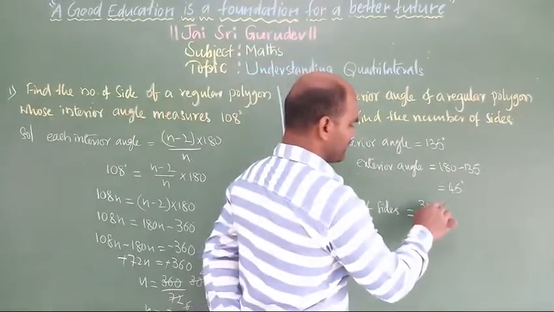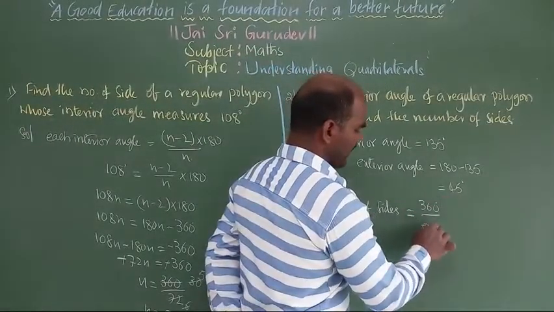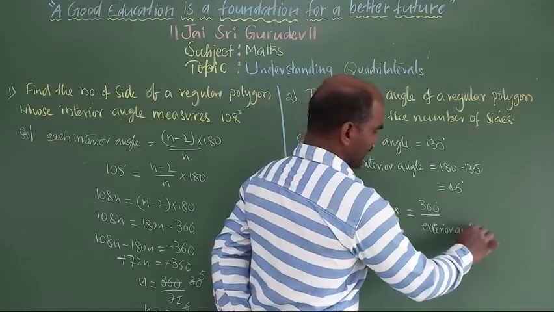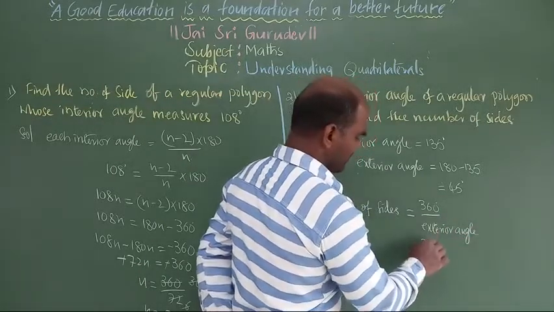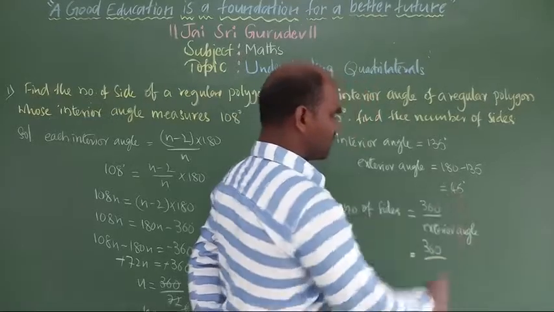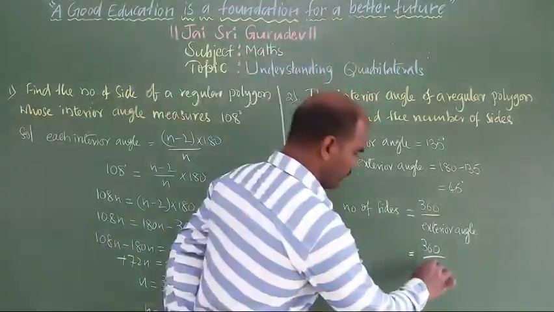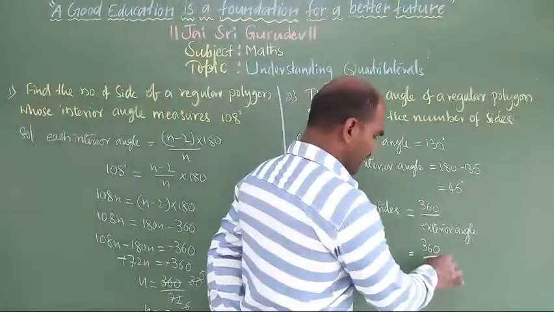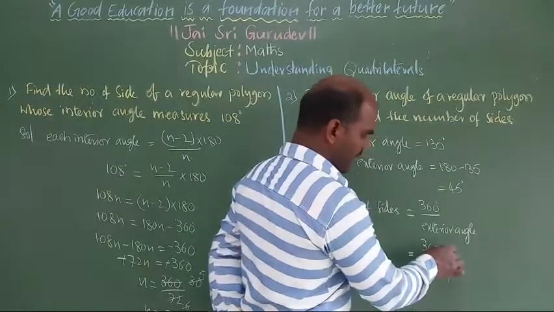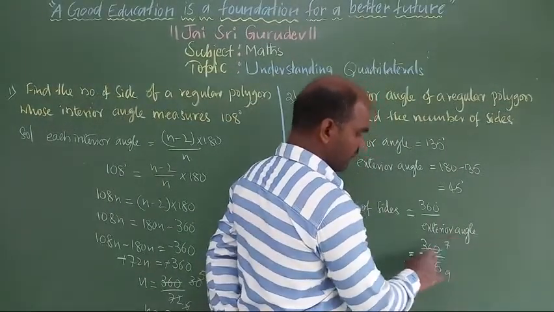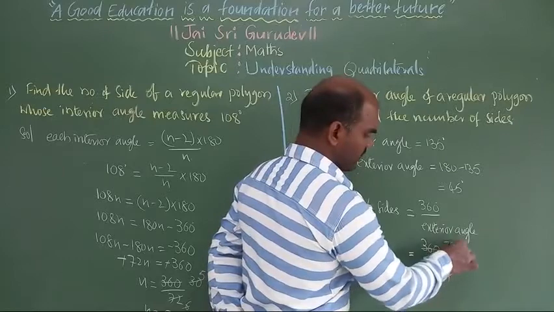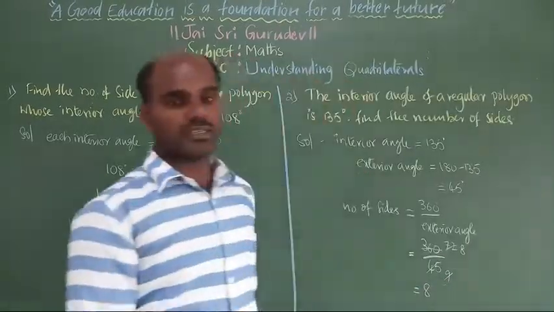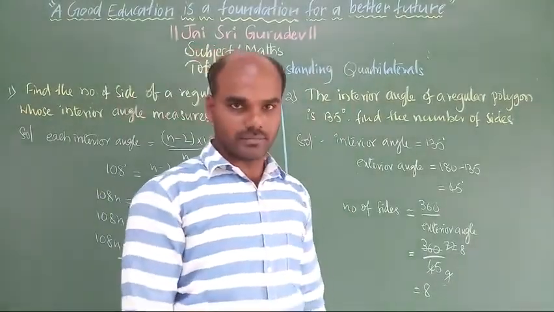So 360 degrees by 45. Cancelling with the 5 table: 5 nines are 45, 5 sevens are 35, so 9 eights are 72, and n is equal to 8. How many sides are there? 8 sides are there.